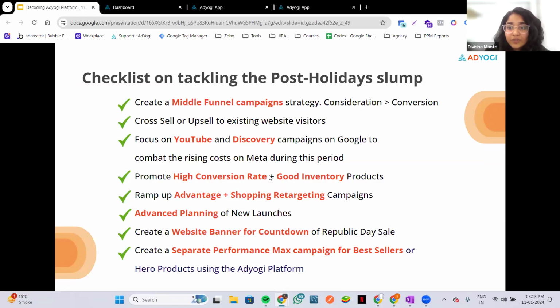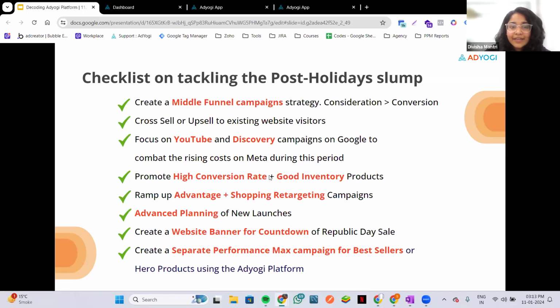And try having overlays in place. Overlays are something we have seen work in the past for our clients as well. They improve your CTR to a good extent, and they create a different sort of attraction for your creatives. So having overlays in place is a great strategy, and we should definitely implement it.